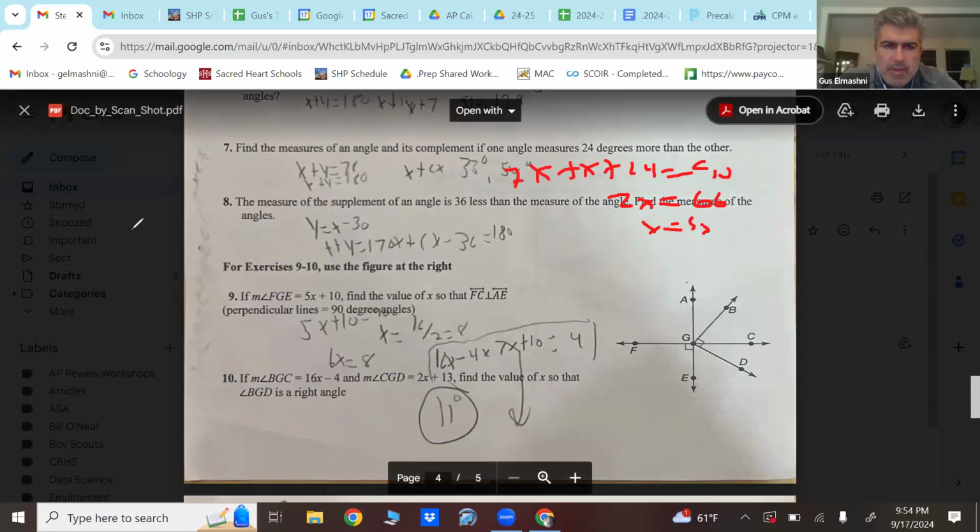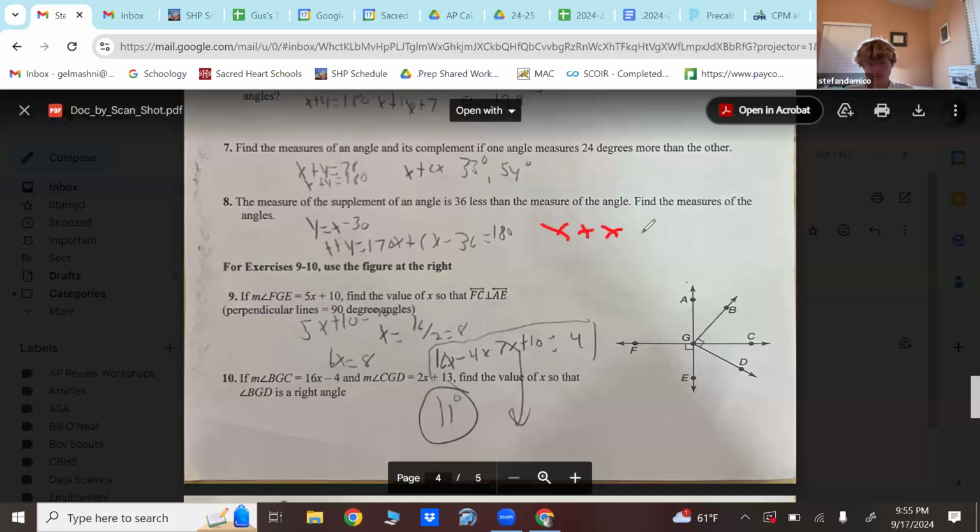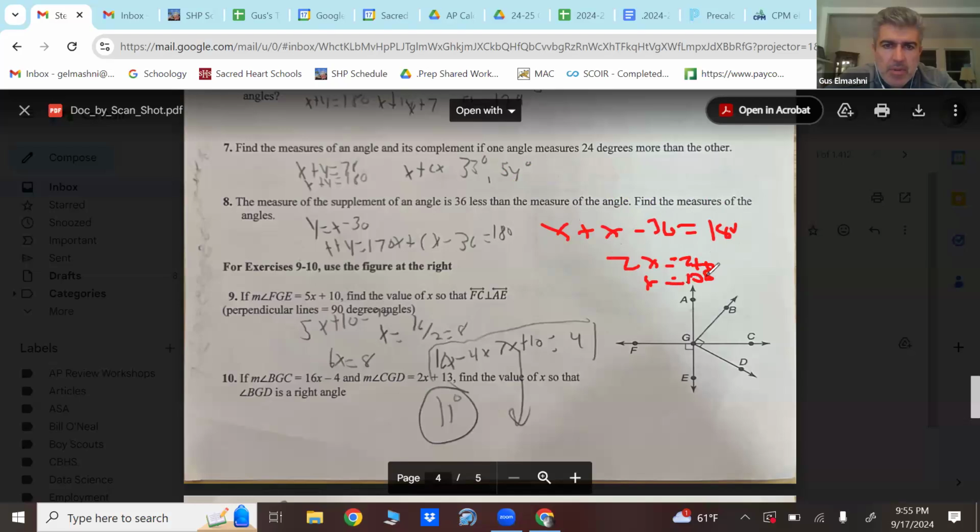The supplement: the measure of an angle is 36 less than the angle. Measure x plus x. So it has to be 72.